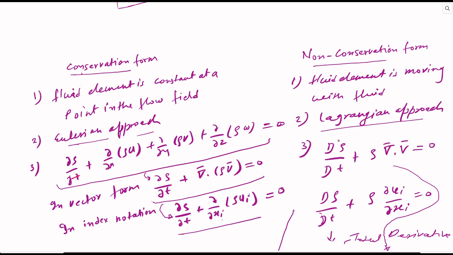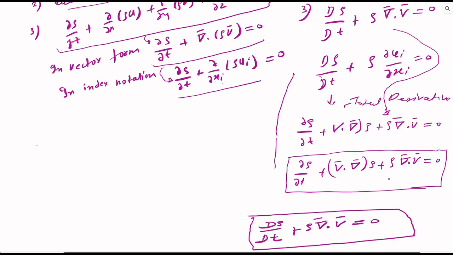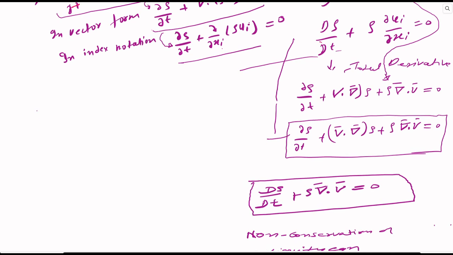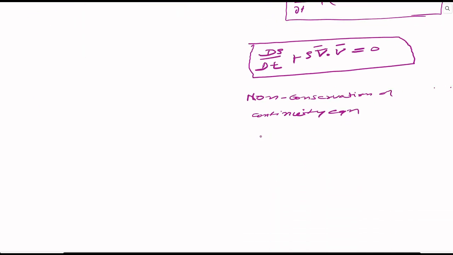In the non-conservation form, del rho by del t we can write this way, and when we put this value in and expand, we get this expression, or in index notation form, we can write this one.